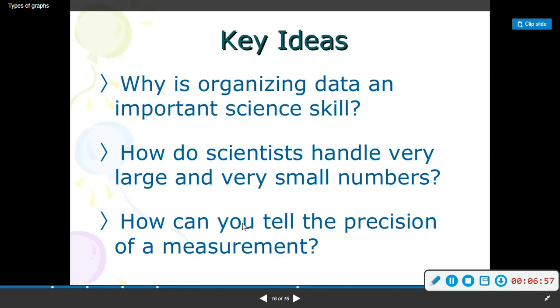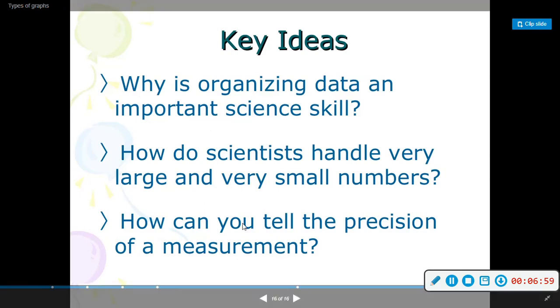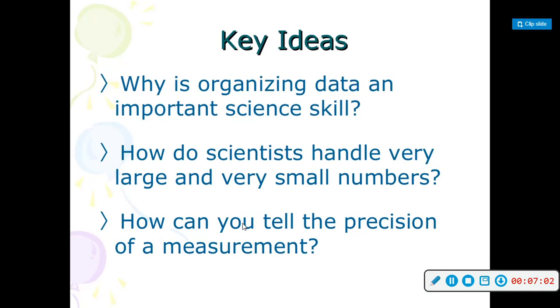So, key ideas. Why is organizing data an important science skill? So that you can clearly and concisely, in a reasonable amount of time, communicate your results from an experiment and get your point across. How do scientists handle very large and very small numbers?